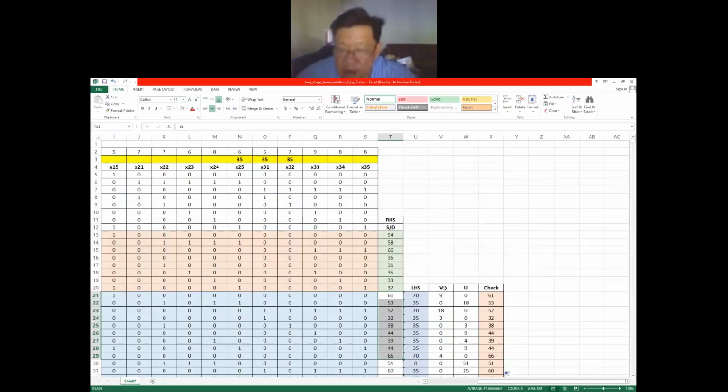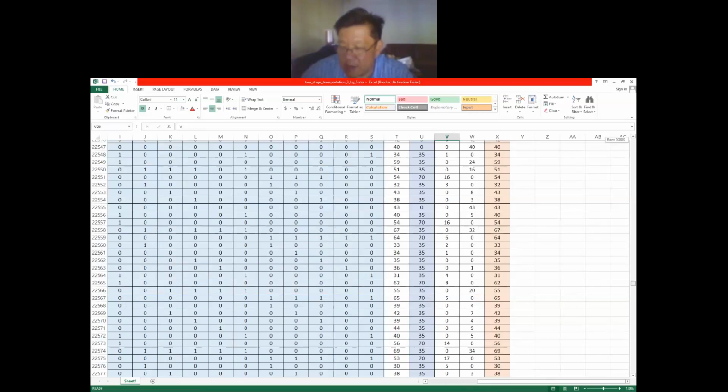And with these variables V and U, there is some associated cost per unit. Based on this, you now know how many scenarios we generated.